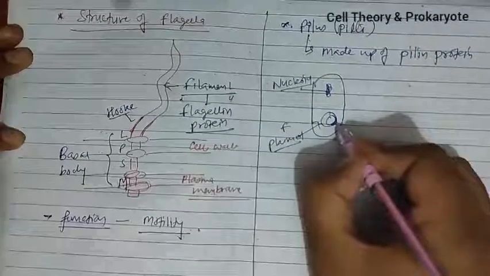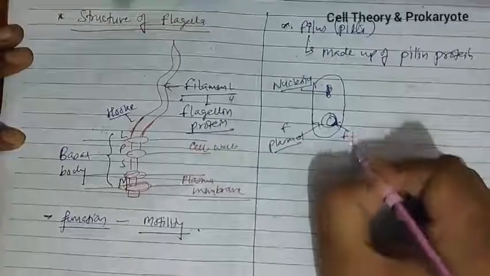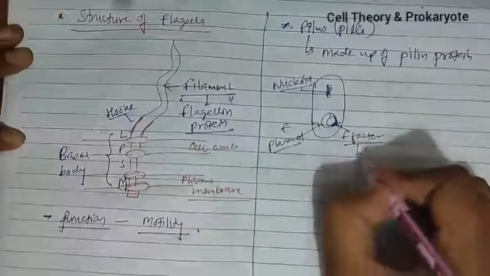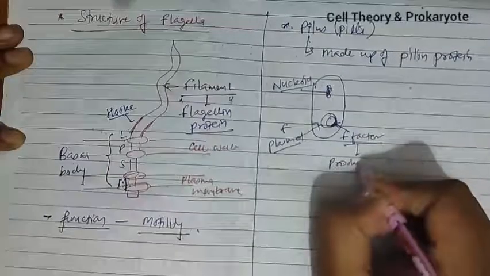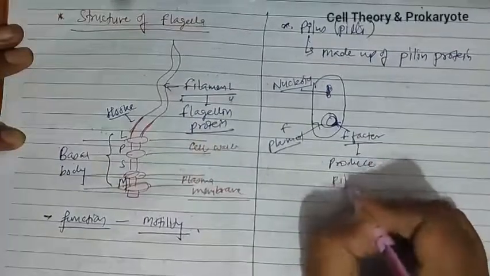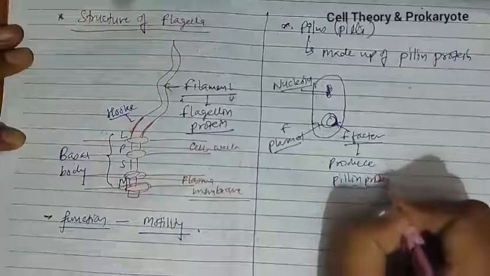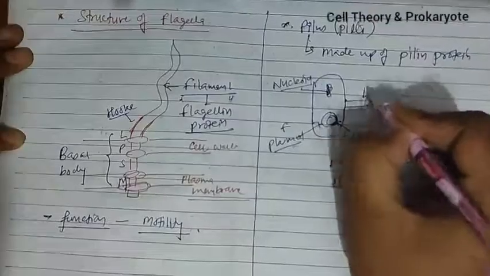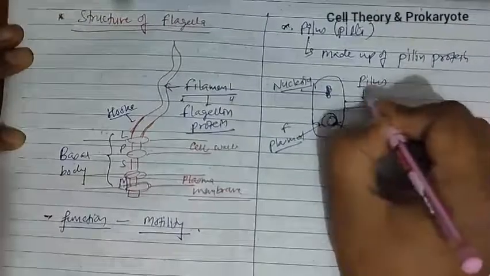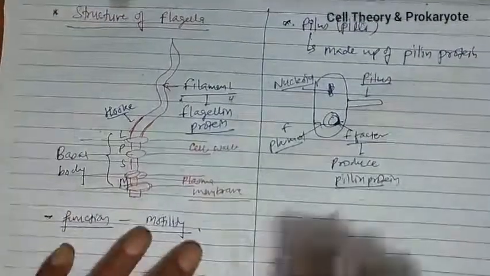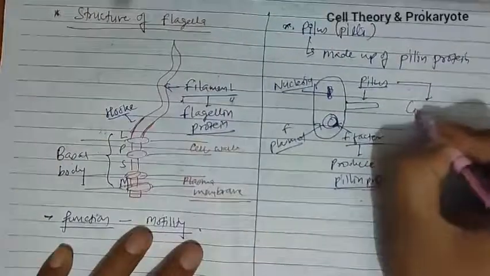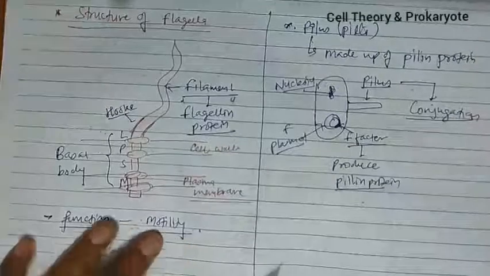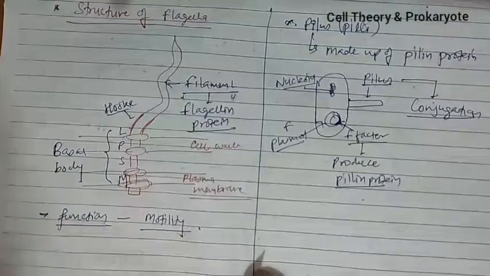Now this F factor gene produces a pilin protein, and that pilin protein accumulates and forms a structure that is known as pilus. This pilus plays a role in conjugation, as we have discussed in biological classification.